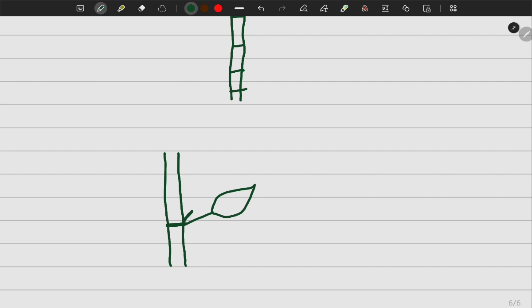And this is the axil. Axil is the portion between the stem and the leaf. So this is the leaf and this is the stem. And this is the angular portion between the leaf and the stem. So this is called axil, and a bud is present on the axil, which is called axillary bud.